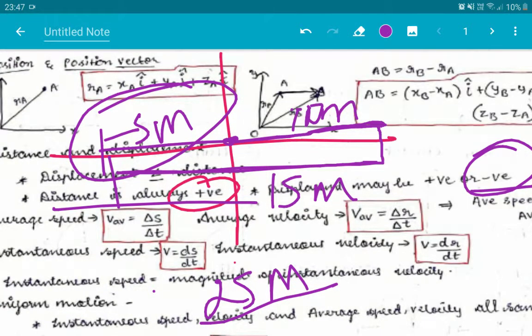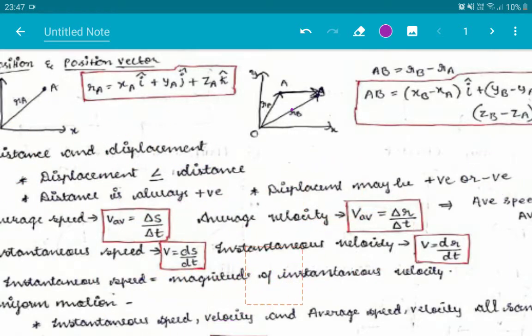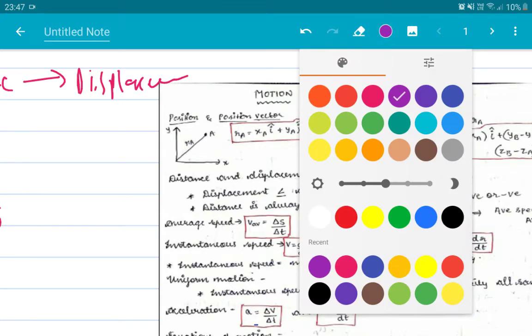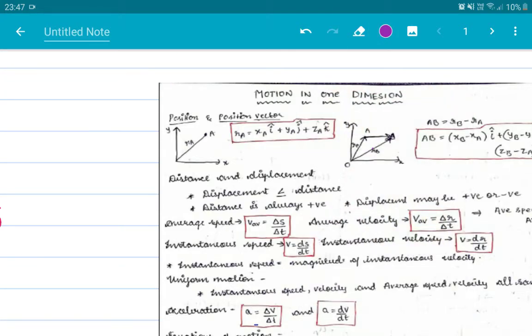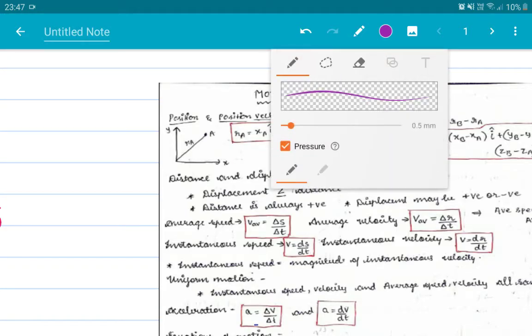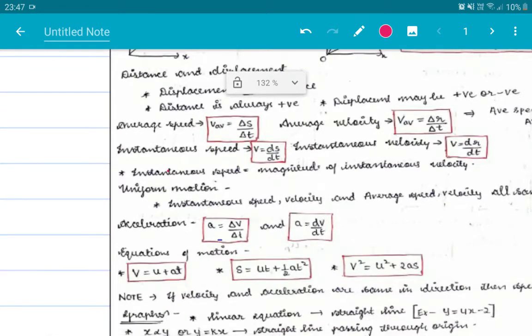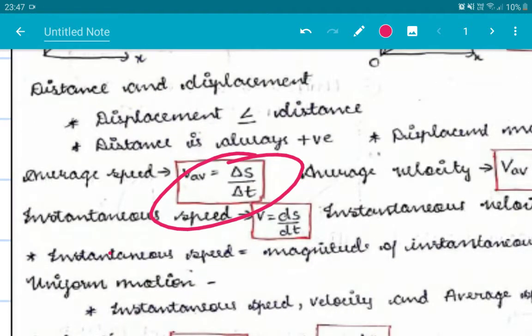Moving further, average speed. So average speed is delta s by delta t. What is delta s? Speed means distance, so distance by time.